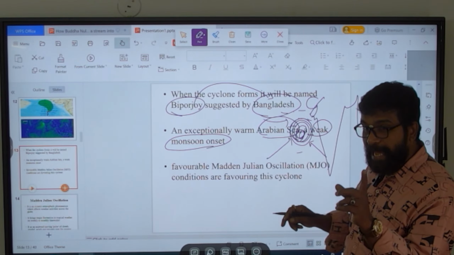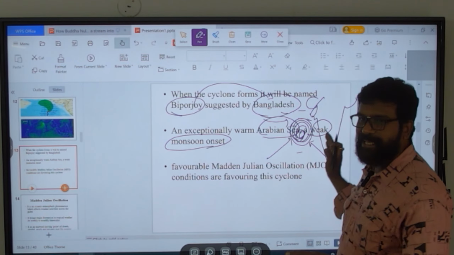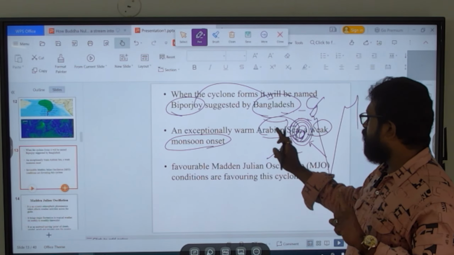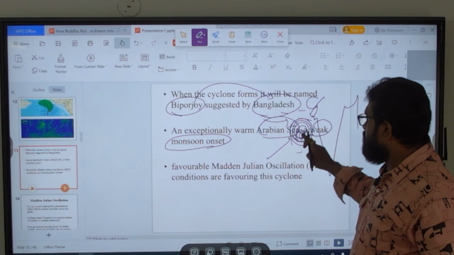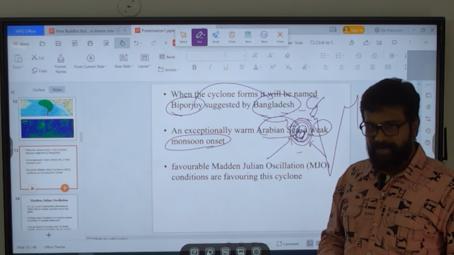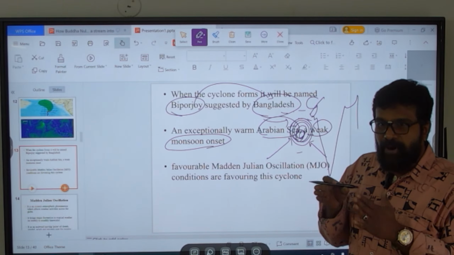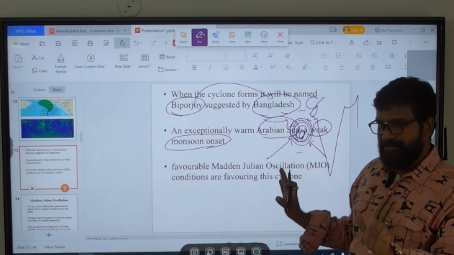So there is an absence of moisture content in the mainland, so we don't get that much monsoonal wind, right? So what is the real logic we have to find? When the Arabian Sea gets warmer, the cyclone might get strong. So for that, the monsoon rainfall may be weak or delayed in India, right?